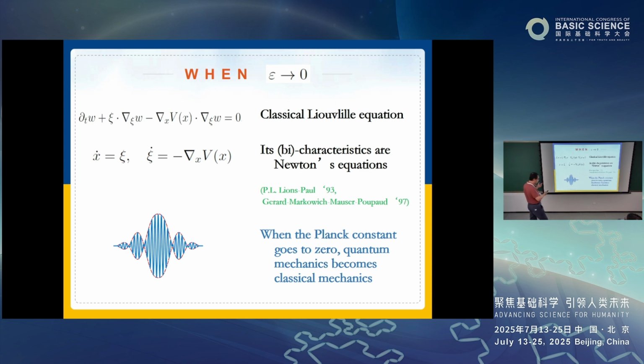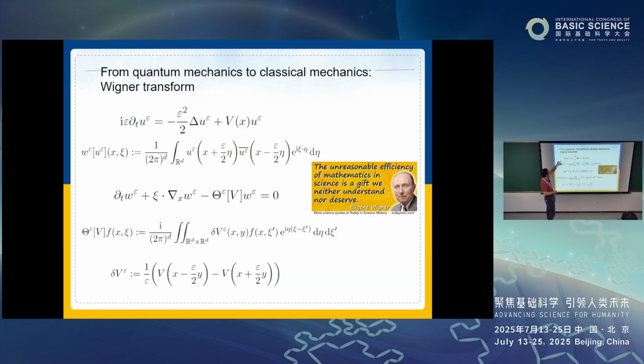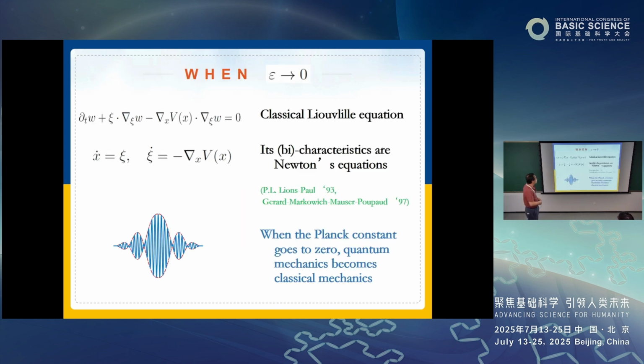By sending epsilon to 0 in Schrodinger, where epsilon is sort of a dimensionless Planck constant, essentially, sending Planck constant to 0, you get Newton's equation. So essentially, quantum mechanics is about waves. And the waves look like this, while the classical particles are basically a wave packet. Waves are highly oscillatory.